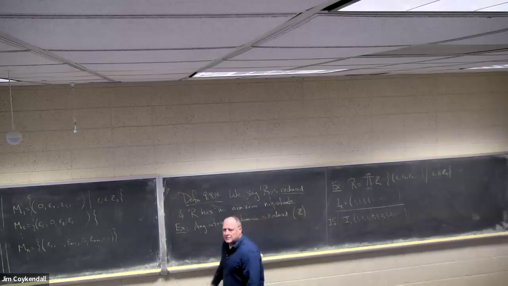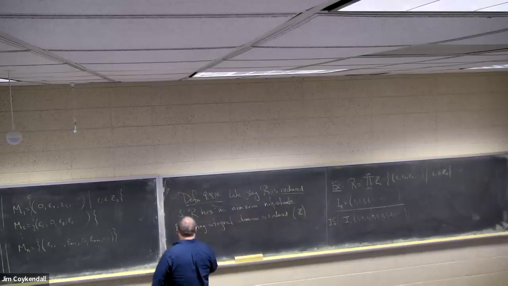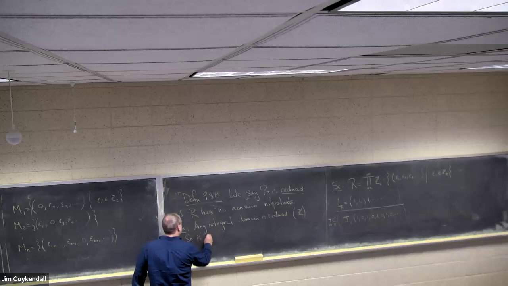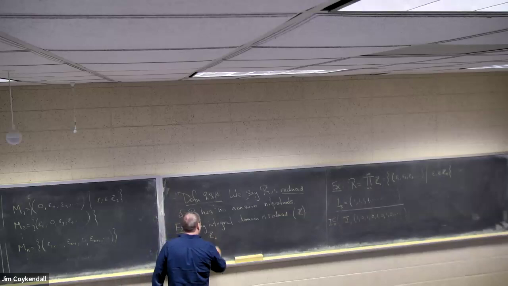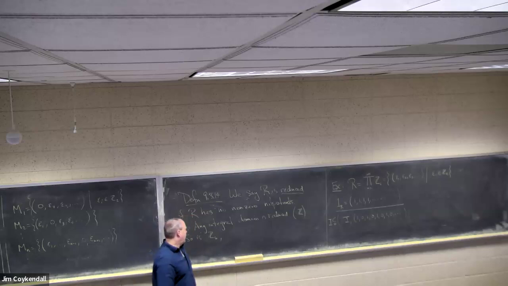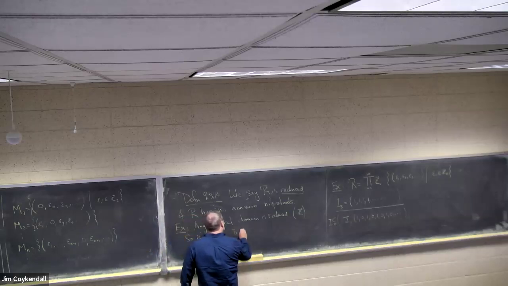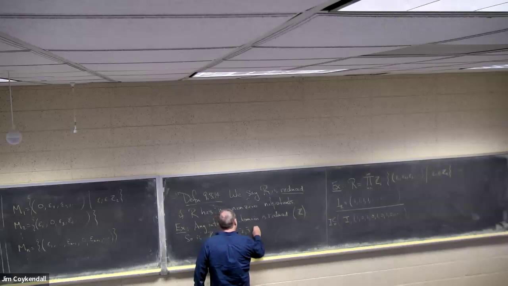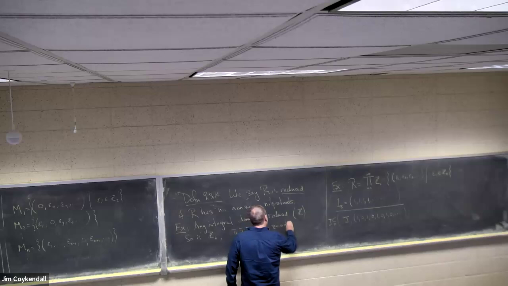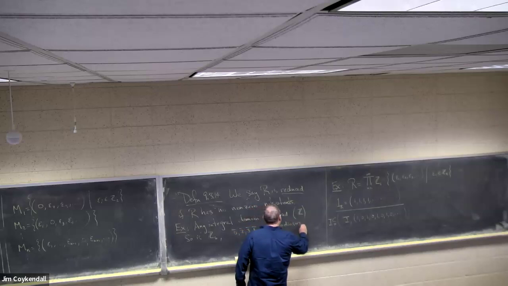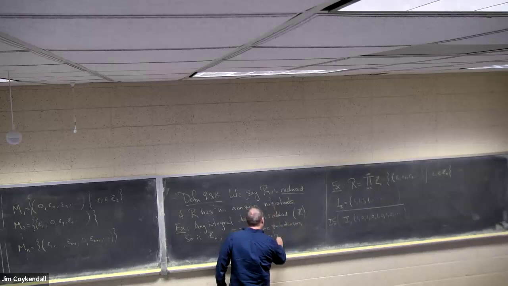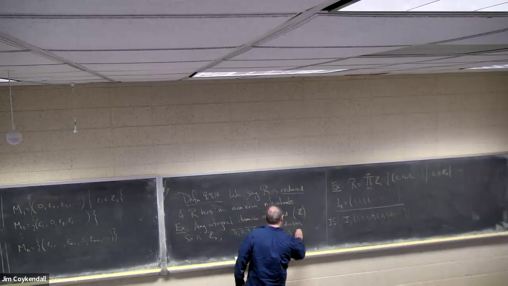So for example, Z. Z6 is also reduced? No: 2 bar, 3 bar, 4 bar are zero divisors, but only 0 bar is no problem.